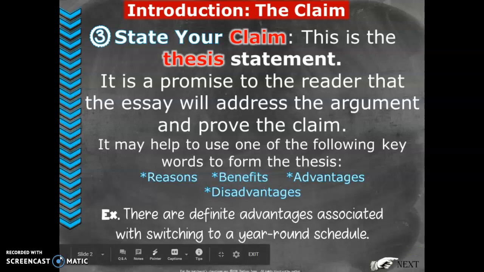Here's an example. There are definite advantages associated with switching to a year-round schedule. So, the three parts, remember, are the lead, which is where you are hooking. That's the first part of the introduction.